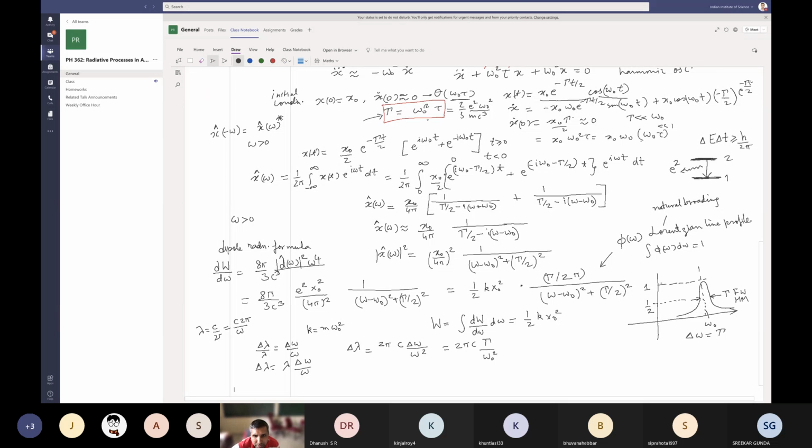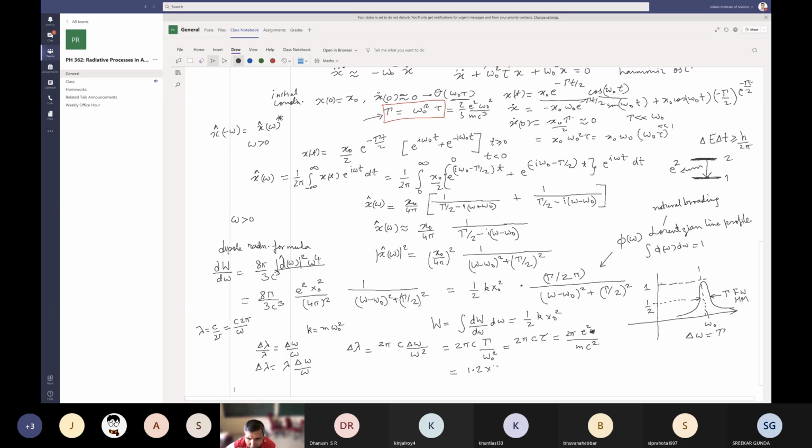So that omega naught squared drops out, and what we have is 2 pi c tau. This quantity is just constructed out of fundamental constants, which is equal to 2 pi e squared by m c squared.